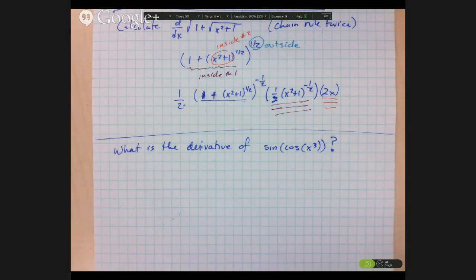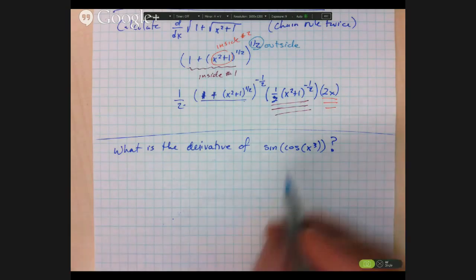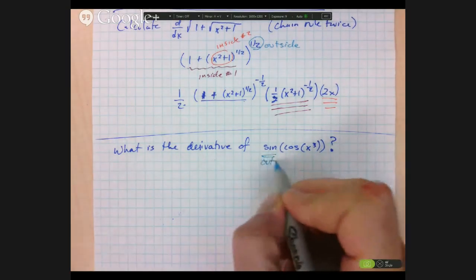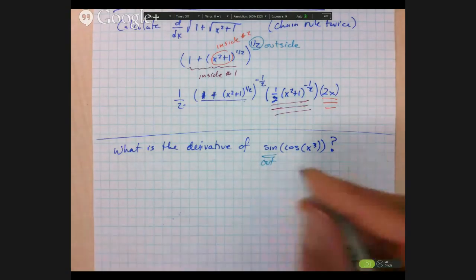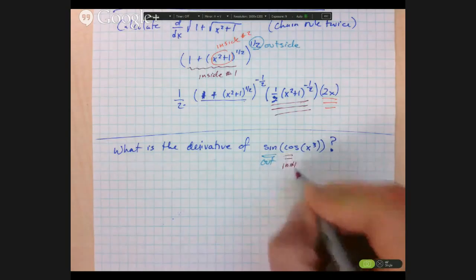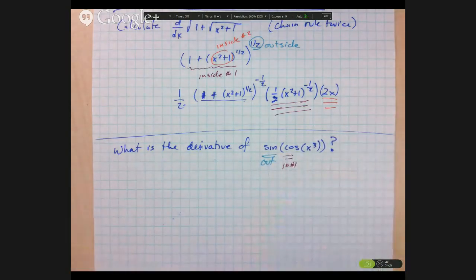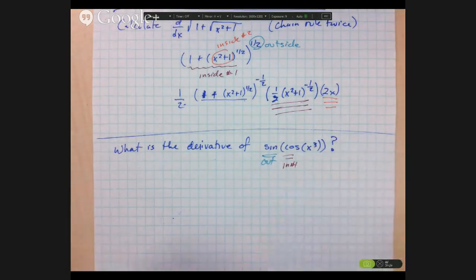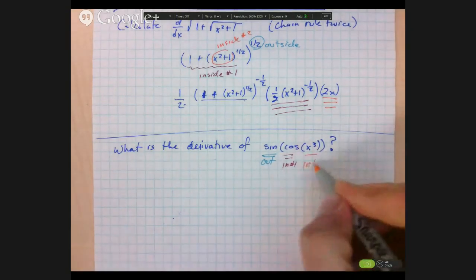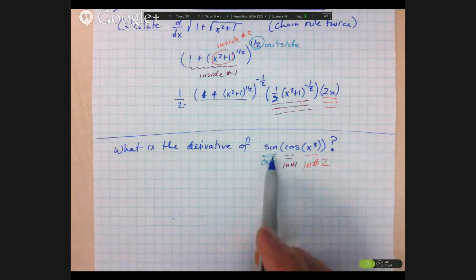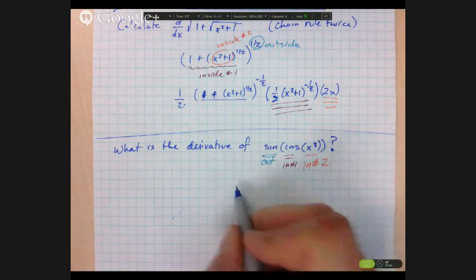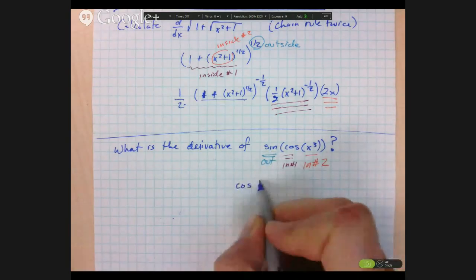What's the outside function? Outside. What's the next one? Yep. And then x cubed is the last one. So derivative of sine is the outside cosine.